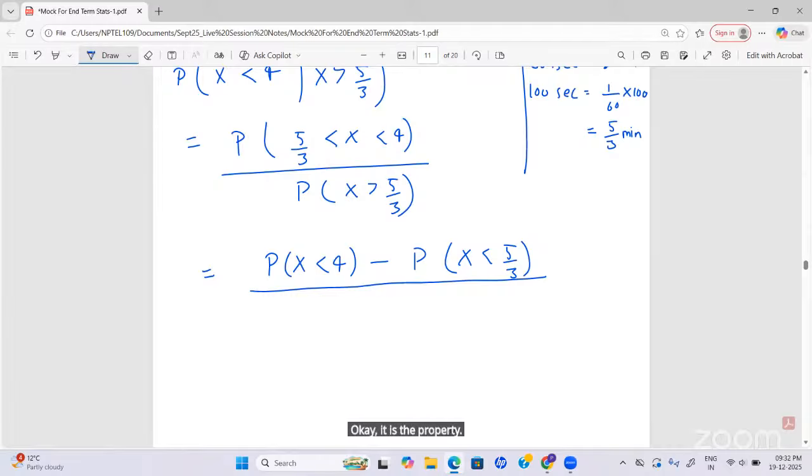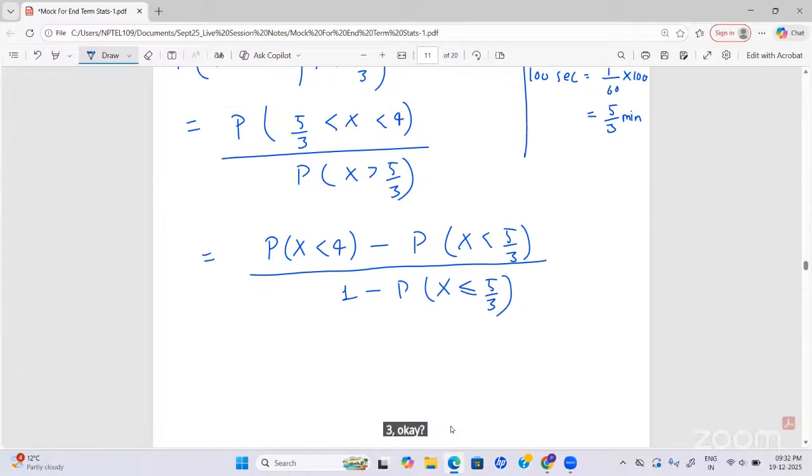And the denominator, we can write as 1 minus probability x is less than or equal to 5 by 3. Anyone has any doubt in this part?